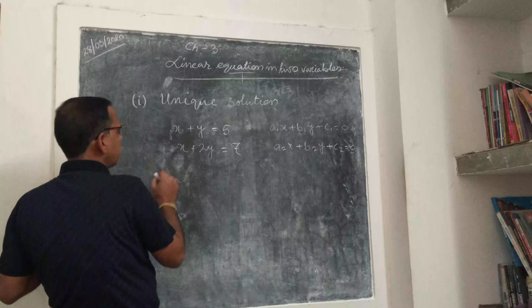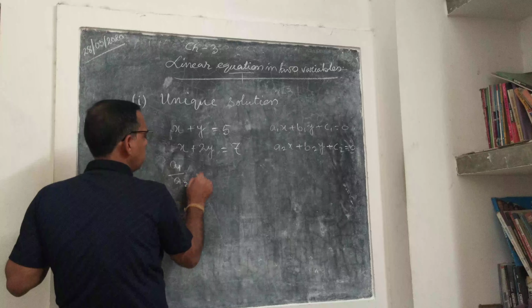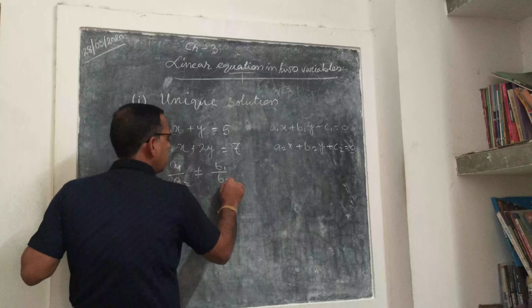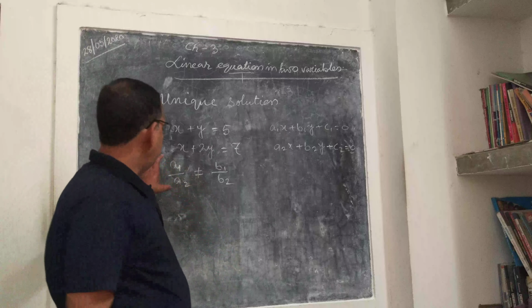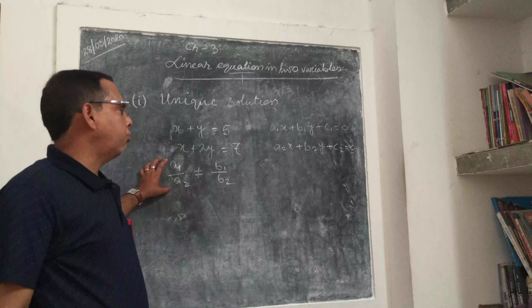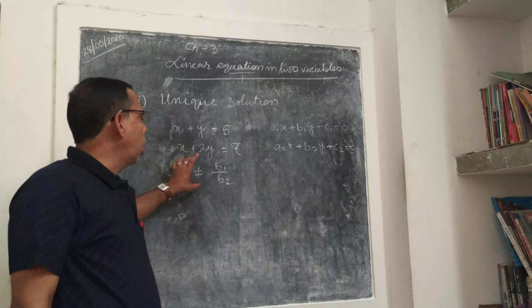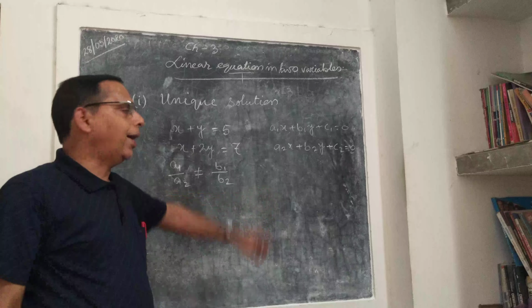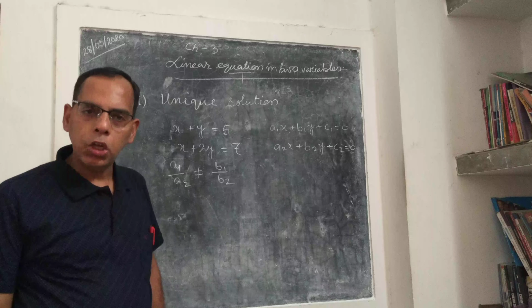Then there is a unique solution if a1/a2 is not equal to b1/b2. If the ratio of the coefficients of x is not equal to the ratio of the coefficients of y, then we will get a unique solution for the pair of linear equations.